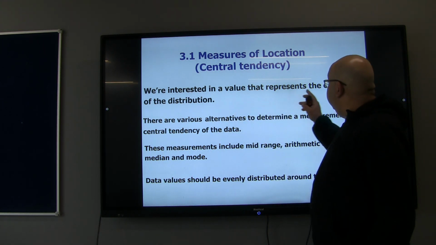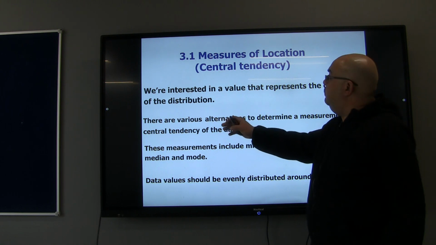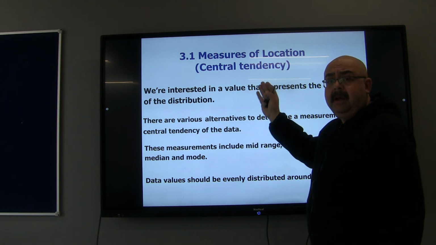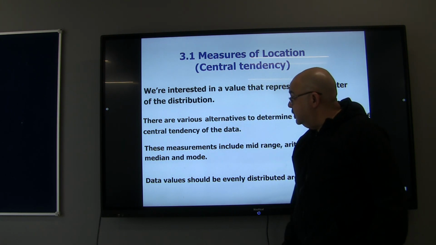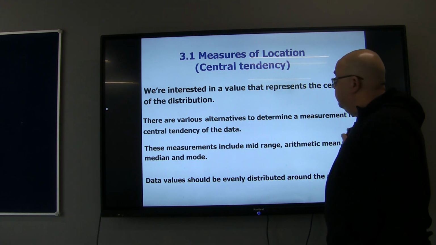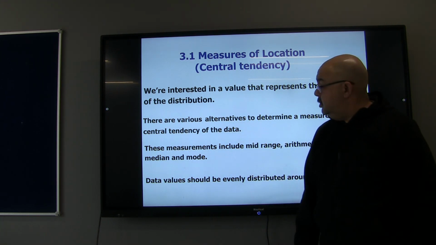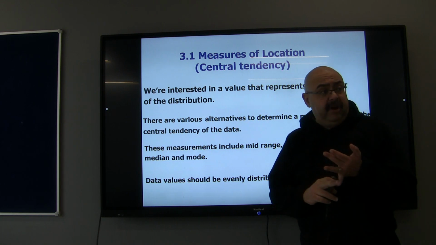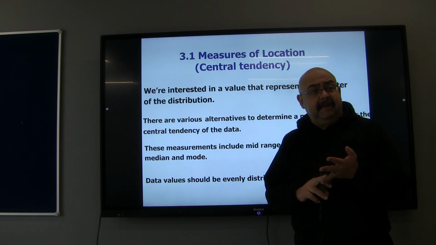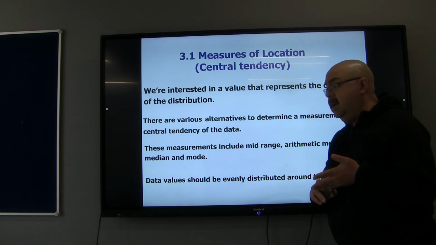We are interested in the value of data within the center of the distribution. That's mainly what we mean by central tendency measures. There are various alternatives to find a central tendency measure, starting from the mid-range, the arithmetic mean, the median, and the mode.